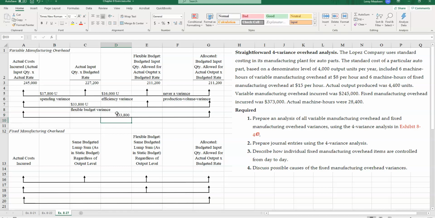And that is unfavorable. Let me mark that here. And this is my total variable overhead variance.